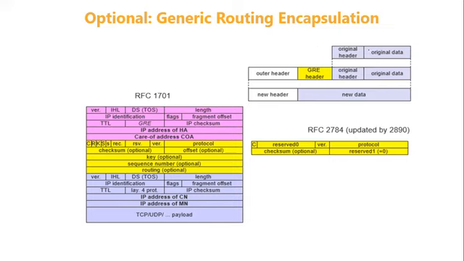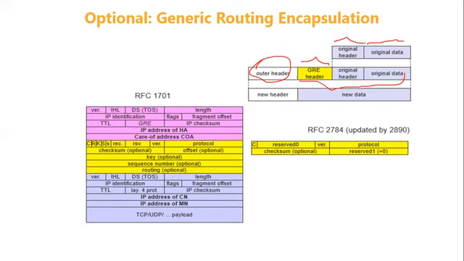This is the original packet, which has the original data and original header. It is encapsulated with what is called the GRE header, so this header format and this header format are different, totally different. Then this entire thing is considered as the data part, and it is encapsulated with another header, the outer header, which is again totally different from the GRE header.